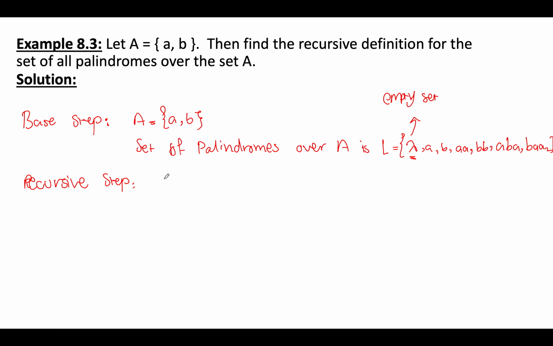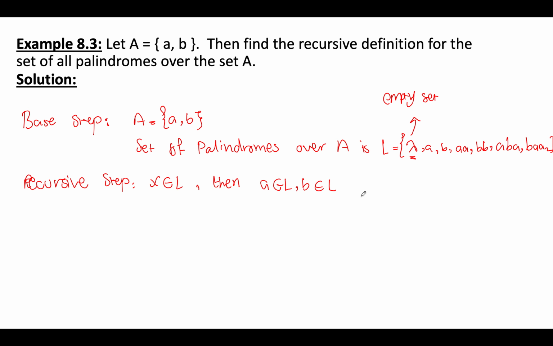Now in the recursive step, if we say that x is an element of L, where we defined it here, then for sure a is an element of L and b is an element of L, because L is a subset of A, right?